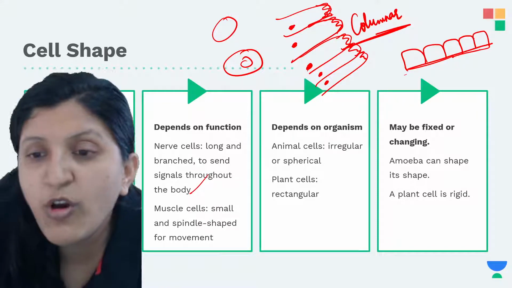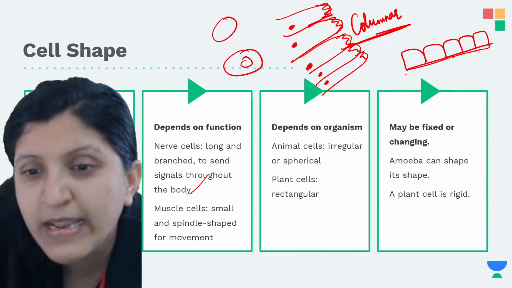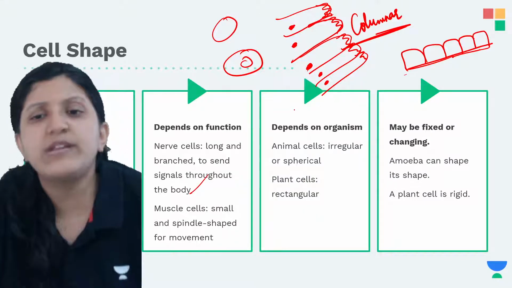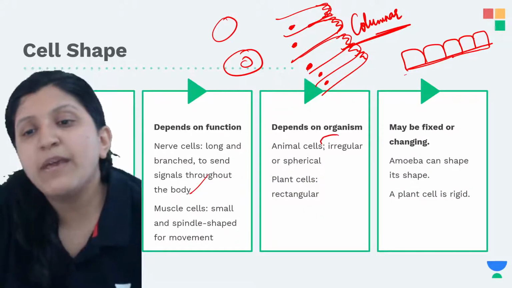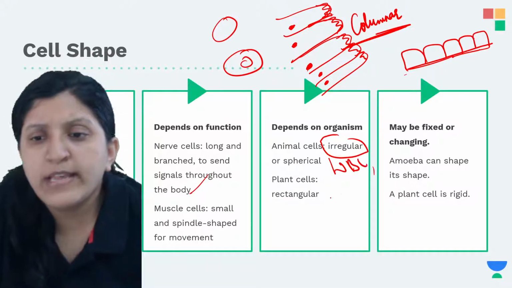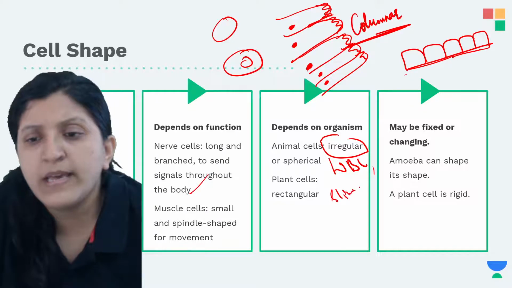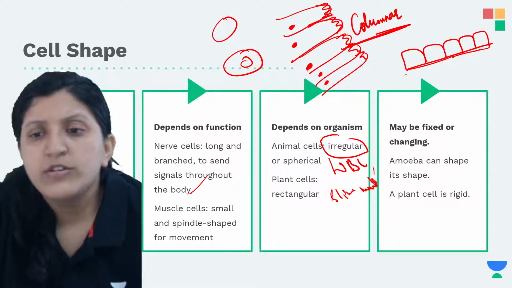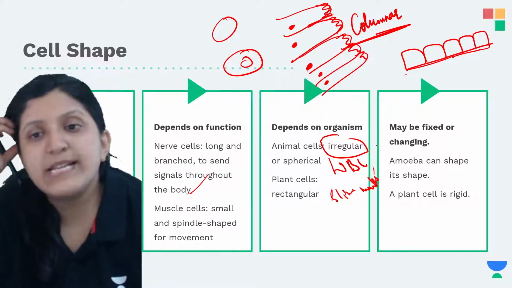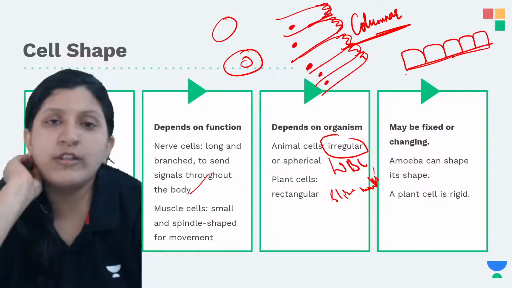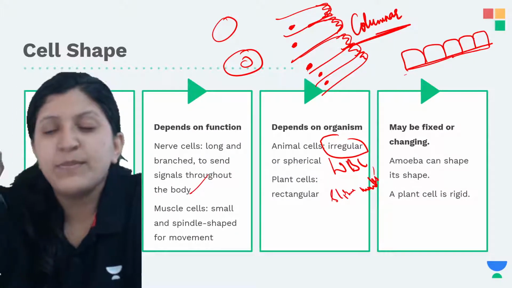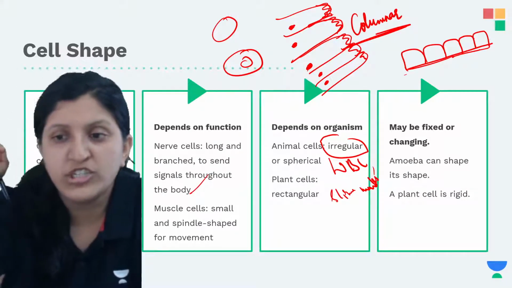Now depending on organism, animal cells are irregular or spherical, and plant cells can be rectangular. This is with respect to the shape. There can be irregular cells just like WBCs, or even slime molds. So animal cells are irregular or spherical, and plant cells are rectangular, either fixed or changing.